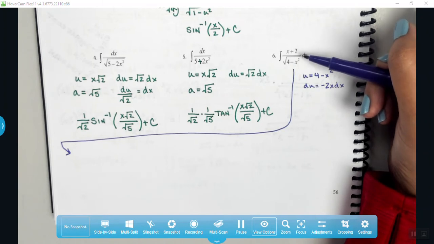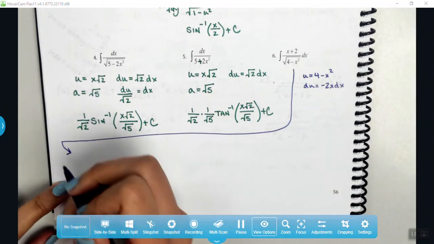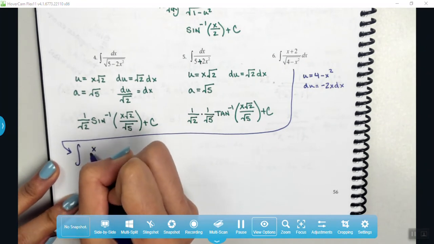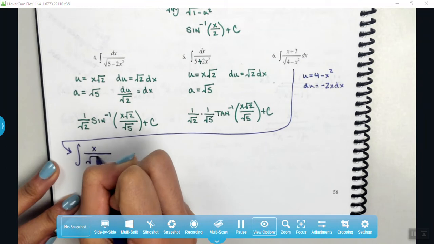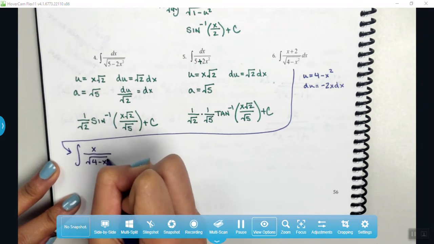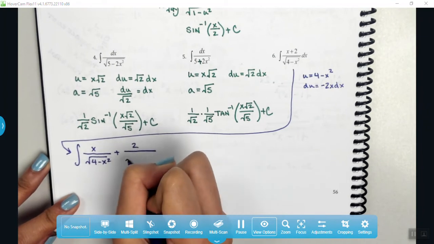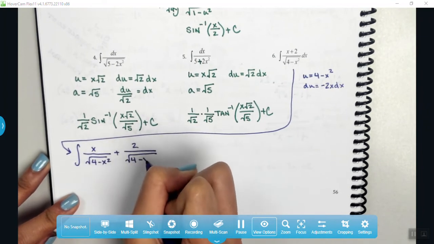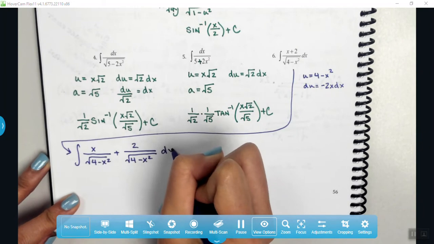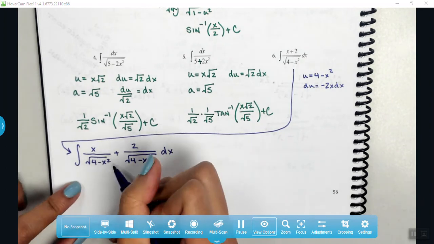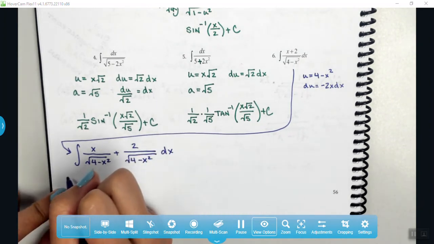But you can divide it up into 2 separate integrals. Right? So we can do 2 separate integrals. Let's solve the first part.